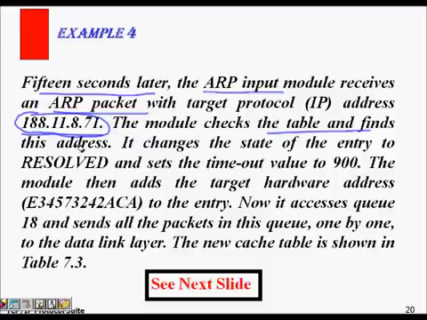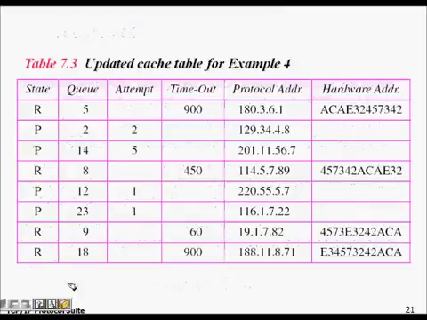Now I have got a reply, so I know its MAC address and the entry is resolved. There is a timeout value of 900 seconds or so. And from the ARP reply I know its MAC address, so it is updated here.